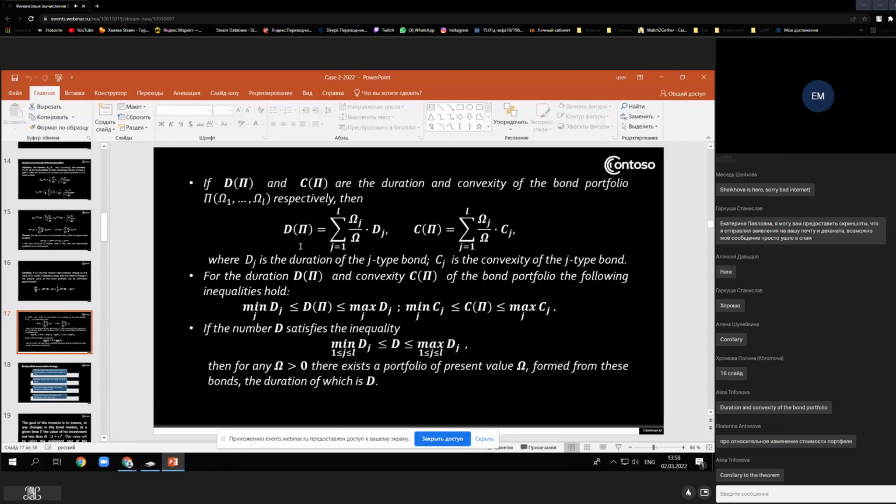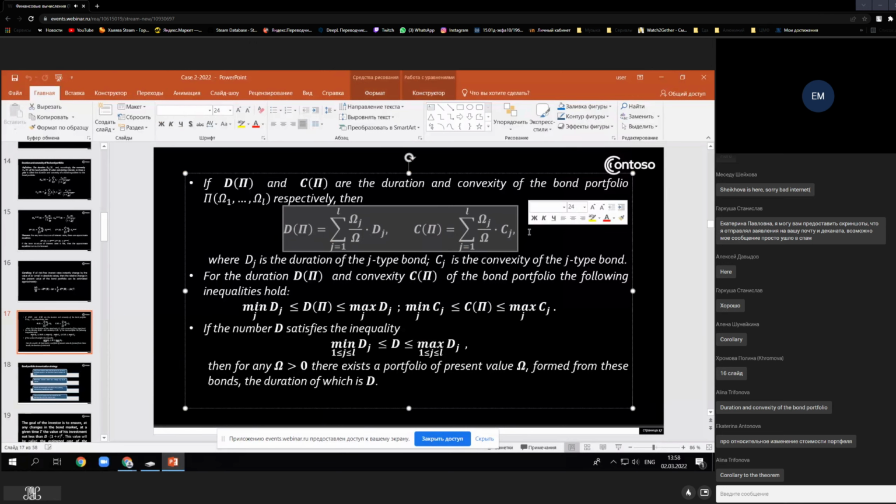So this assumption underlies the formulas you can see here on the slide. I think it's quite clear. In case this assumption is not fulfilled, we will have a problem. So pay attention to this fact. We need to make this assumption.